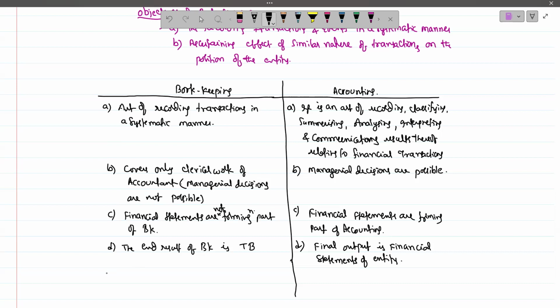Okay. So these are the main differences between bookkeeping and accounting.